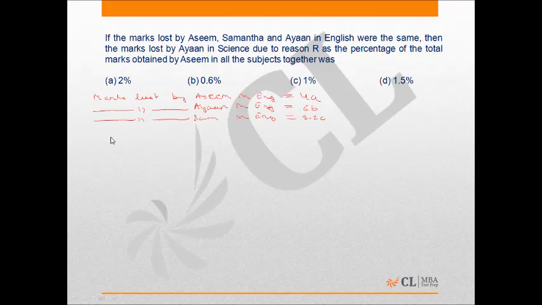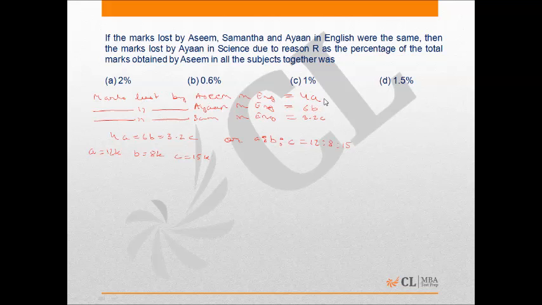Now I know that 4A is equal to 6B is equal to 3.2C, or A is to B is to C is equal to 12 is to 8 is to 15. I can assume A as 12K, B as 8K and C as 15K. This is what I have right now.